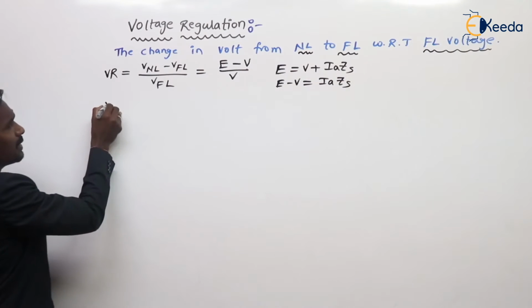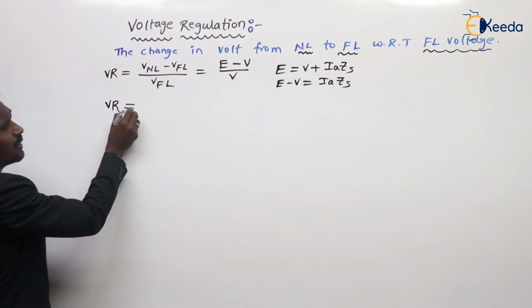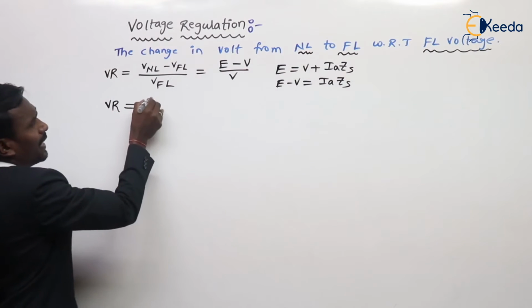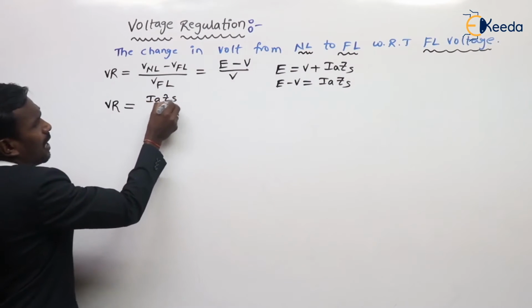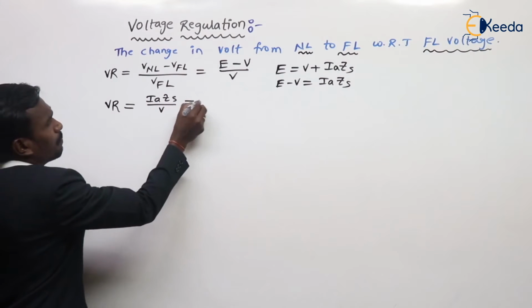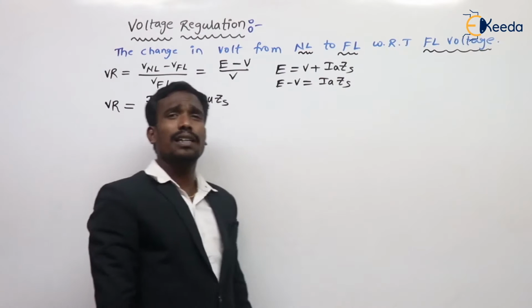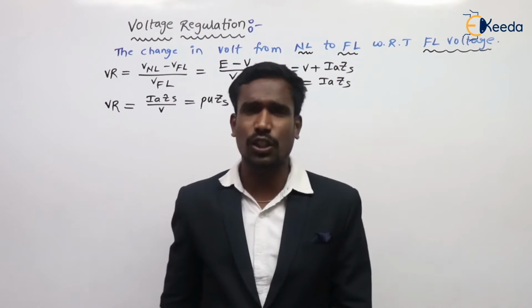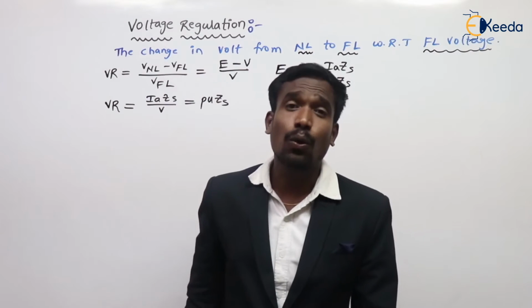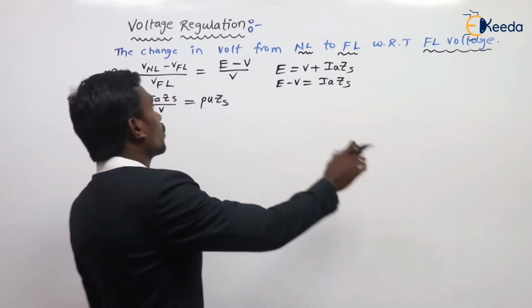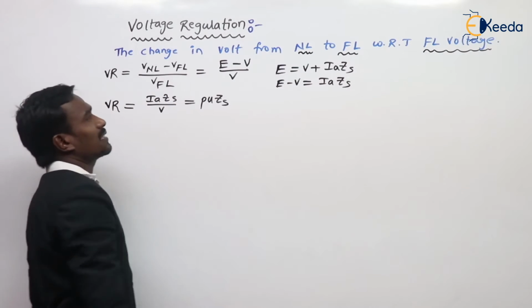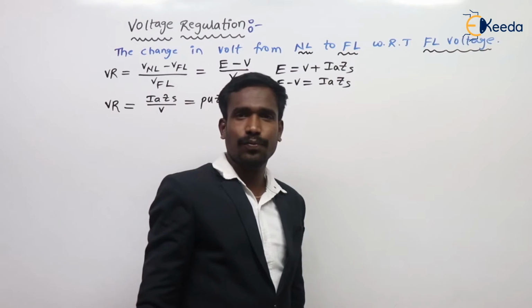So voltage regulation is equal to IAZS upon V, or simply per unit ZS. This is the voltage regulation of a synchronous machine: IAZS by V.